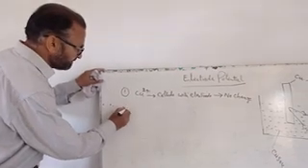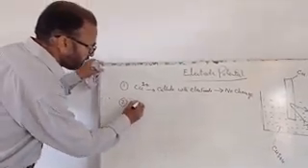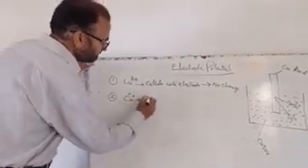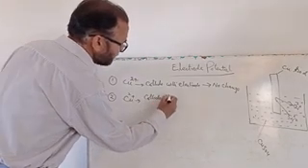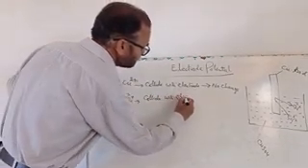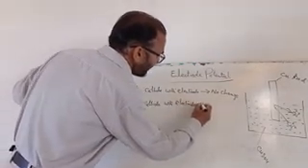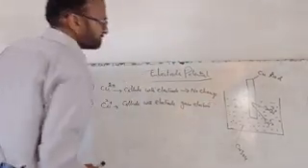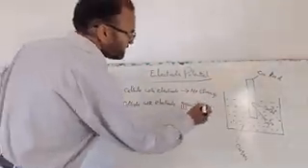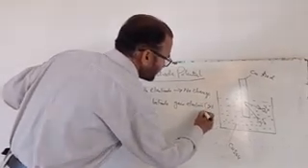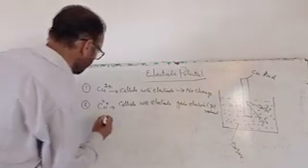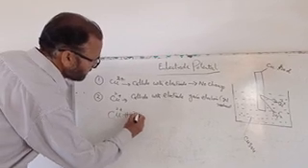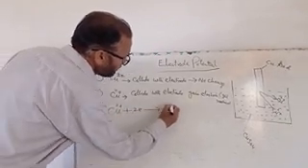The second possibility is that copper dipositive ions may collide with the electrode, gain electrons and get reduced. The reaction will be: copper dipositive ions gain electrons and give copper.